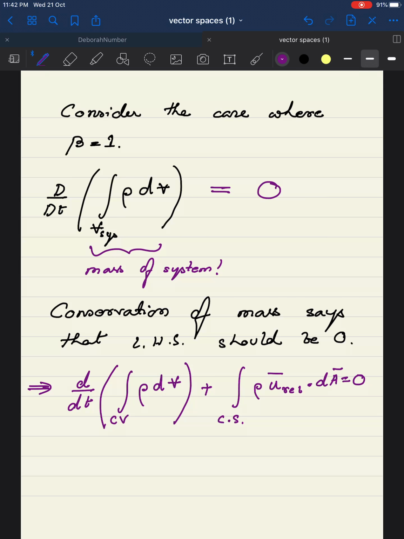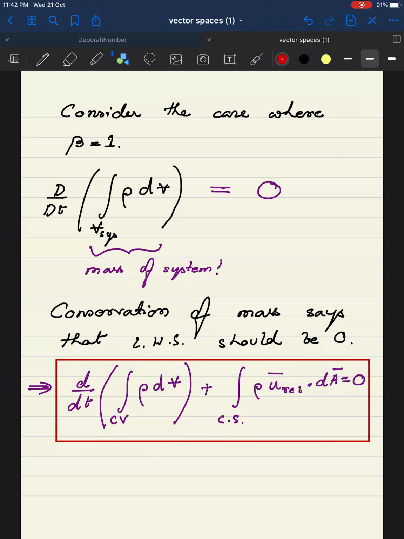What a beautiful equation right here. And this is basically the statement of conservation of mass for a control volume.